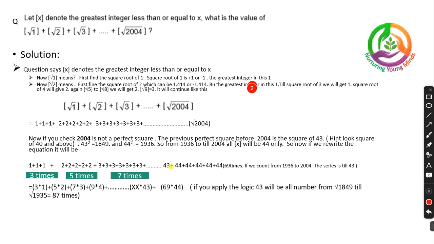So it is very easy for you to find out how many times 43 will be there, because 43 will be the numbers from 42 square, correct? And then from 42 to 43, all will be 42 only. 43 square will become 43, and from 43 to 44, that is 44 square is 1936. So you have to take from 1849 till 1935, correct?